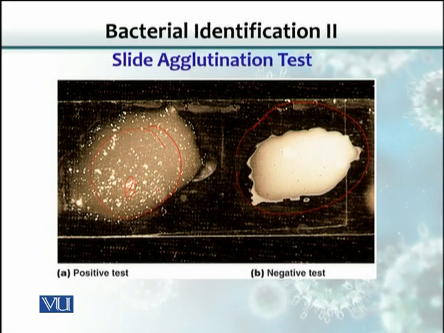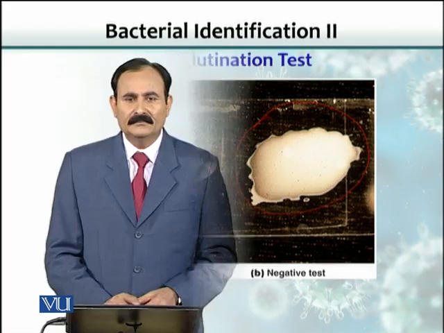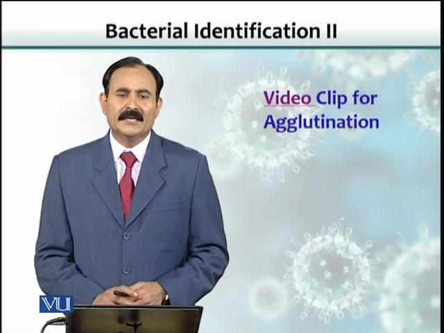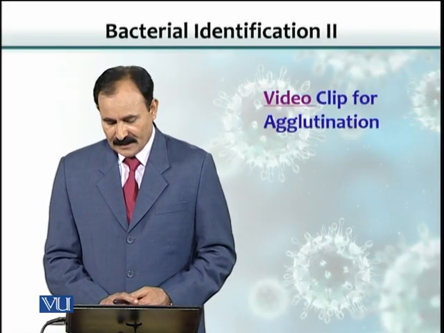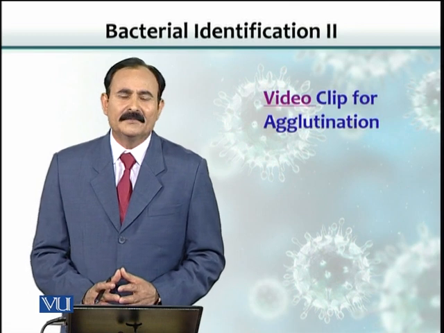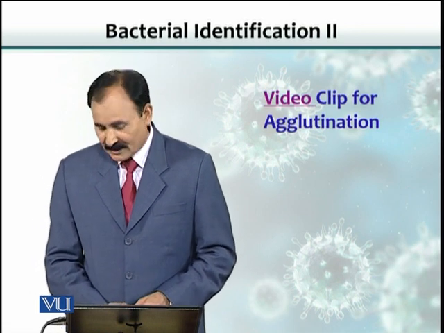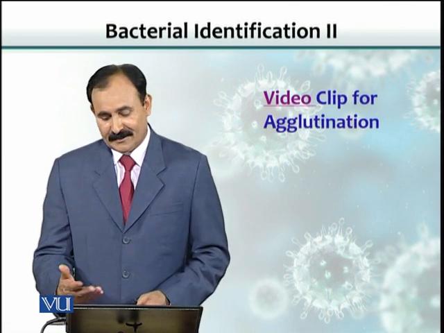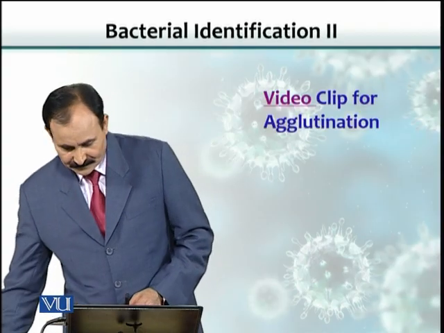This is a typical positive agglutination reaction or test. Here is a video clip that will make things more clear. Always remember that all these videos have been taken from YouTube, so we must thank YouTube for providing us these educational clips.